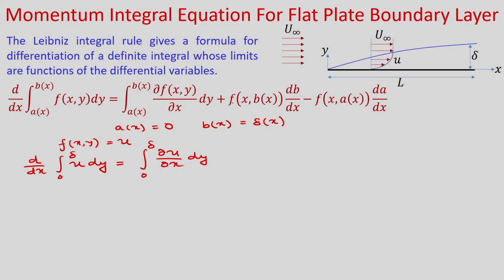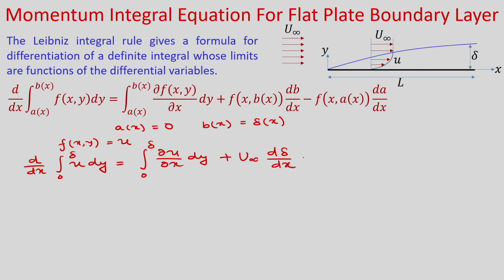Now, u at y equal to delta, that means at y equal to delta we have u infinity. So, we can write plus u infinity, b is delta, so d delta/dx, and obviously u at y equal to 0, that means this is the no slip condition, so u is equal to 0.